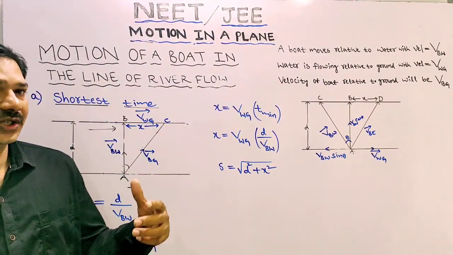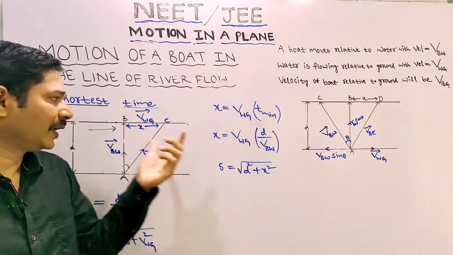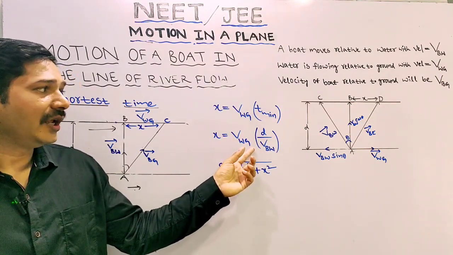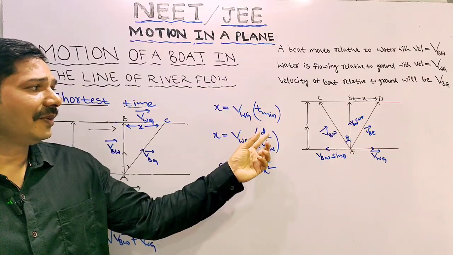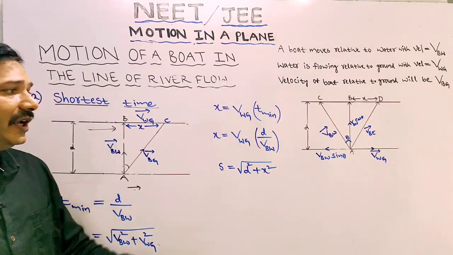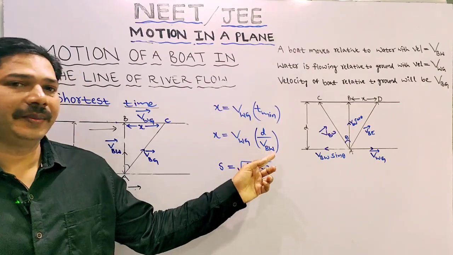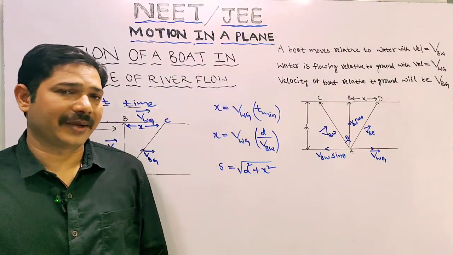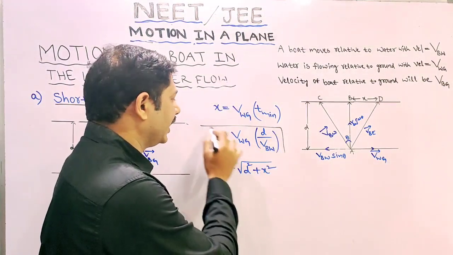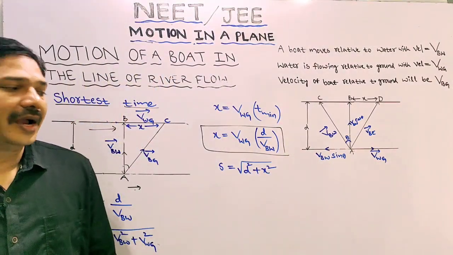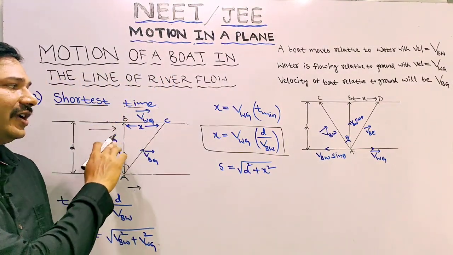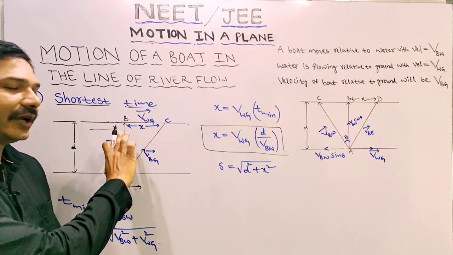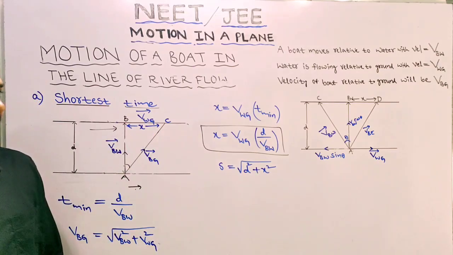Displacement equals velocity into time, so x equals speed V_WG into time, and time is d by V_BW. That is the drift in shortest time, so this is the main formula. Next, total distance s equals under root d square plus x square, which gives the total displacement.